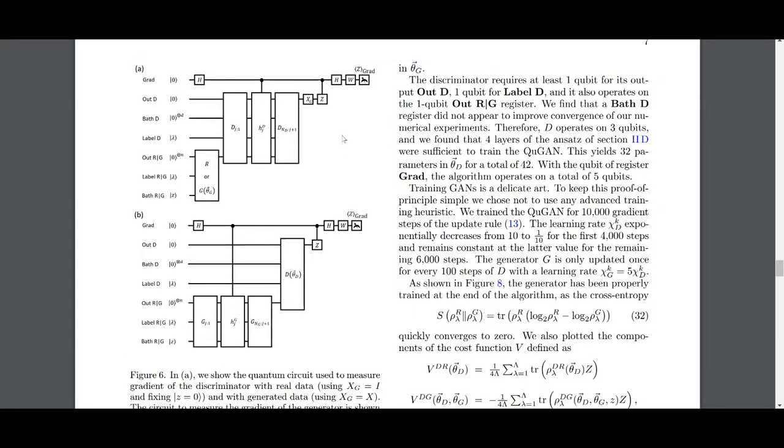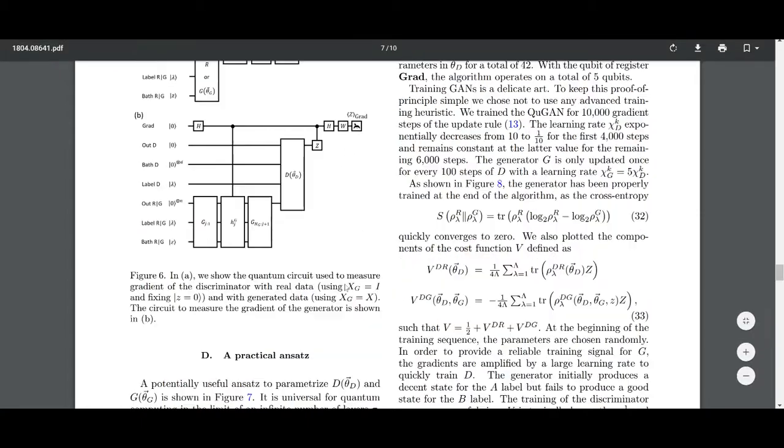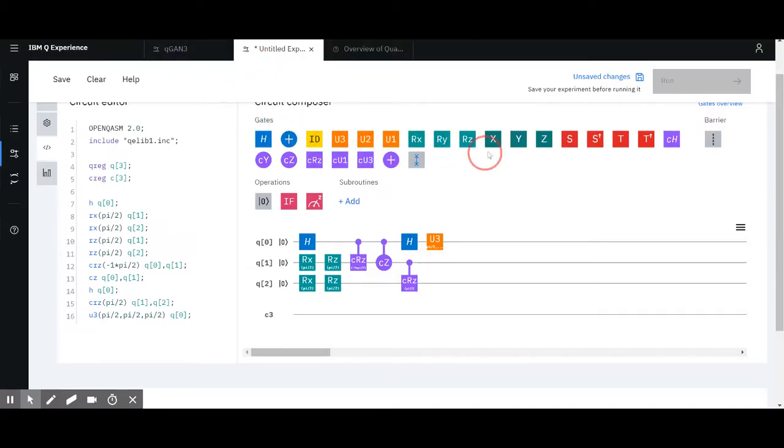I mean, in the sense that here say it's the identity when the discriminator is using the real data, and it's a not when it's using generated data. So just to have it as an example, let's put an X here. And so really, this is basically it, right?